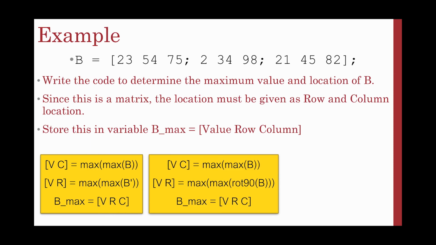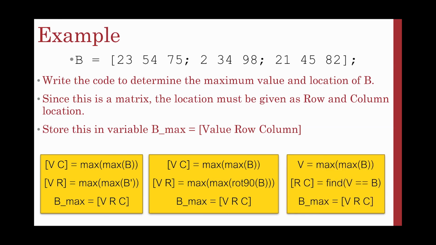You can also do it by, again, first finding the maximum value in the columns by saying max of the max. And then I can find the rows by saying I want the max of my rotated by 90 degrees B matrix. You can go even further. This one uses logic, which we haven't fully covered yet.